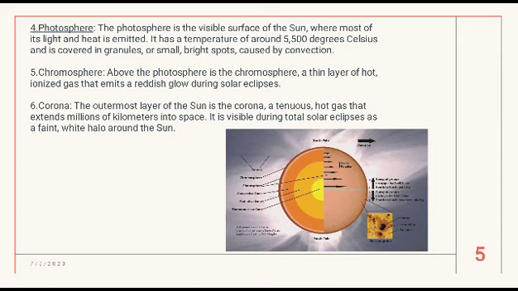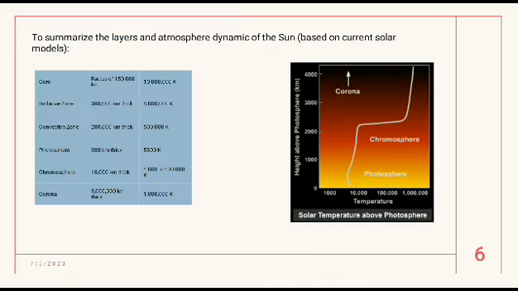Next is the chromosphere, a thin layer of hot ionized gas that emits a reddish glow during a solar eclipse. Corona is the outermost layer of the sun, a hot gas that extends millions of kilometers into space. It is visible during a total solar eclipse as a faint white halo around the sun.